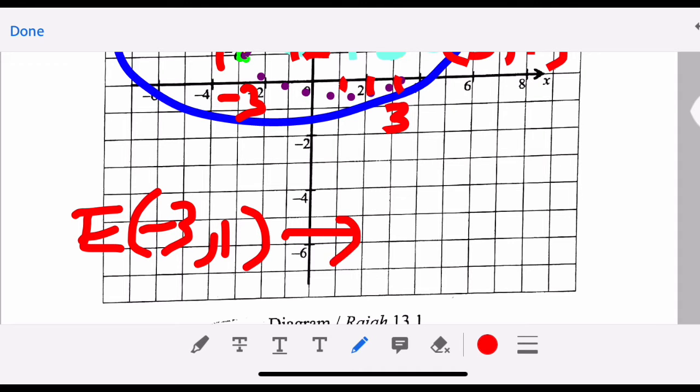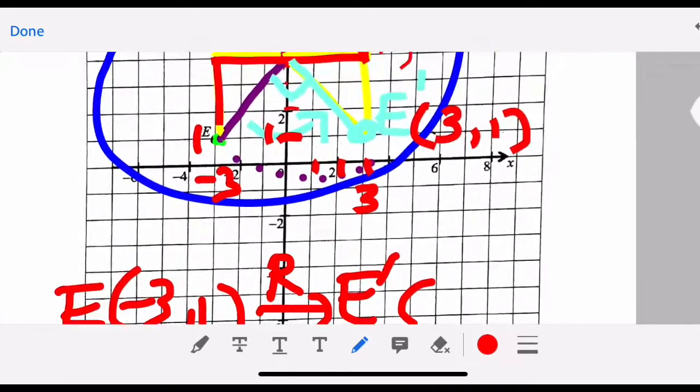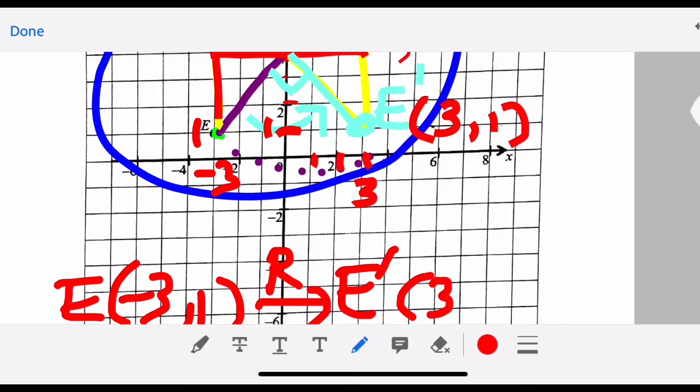After we do the rotation, we will get the E prime, which is 3, 1. Once they see 3, 1, they will give you one mark. So you have to mark E prime carefully so that they see your working, 3, 1.